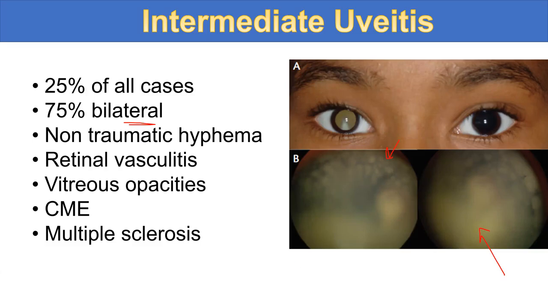And those patients can sometimes present with non-traumatic hyphema. You will see they have hyphema, but there is no history of trauma. They will have retinal vasculitis, vitreous opacities, what's called snow banking and snowballs, and cystoid macular edema as a cause of loss of vision. They can also be secondary to multiple sclerosis, an important cause of intermediate uveitis in the pediatric age group.